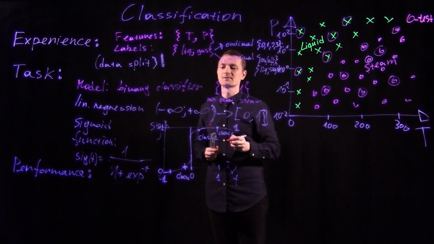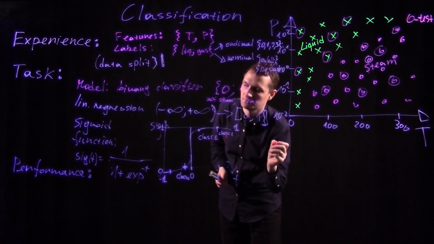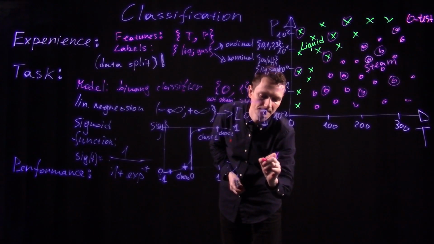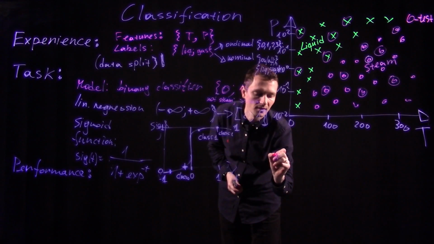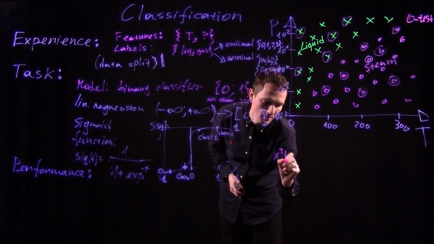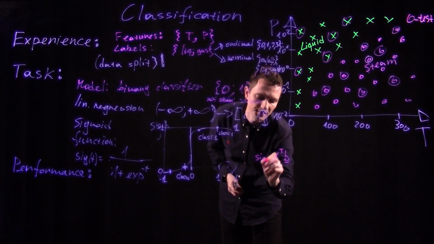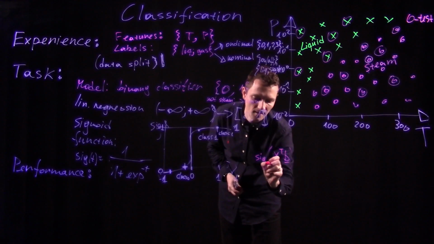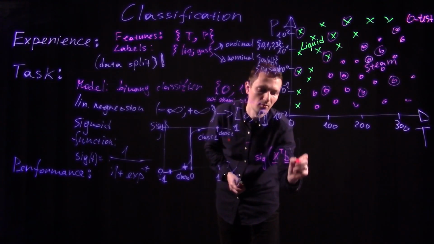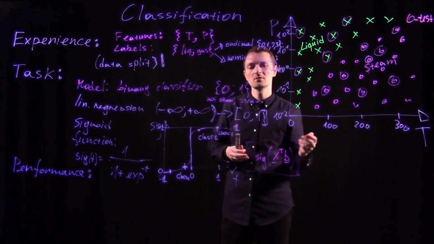So we applied this transformation. Last time we talked about the equation for the linear regression, and now we just apply this sigmoid function, and that will be the model. So we have no additional parameters.